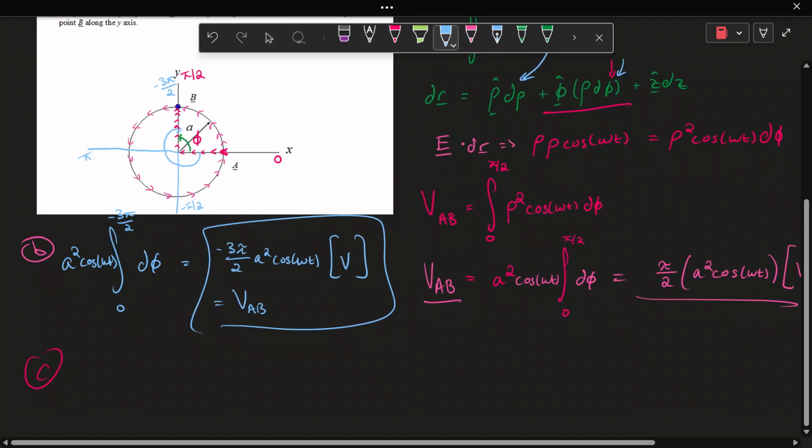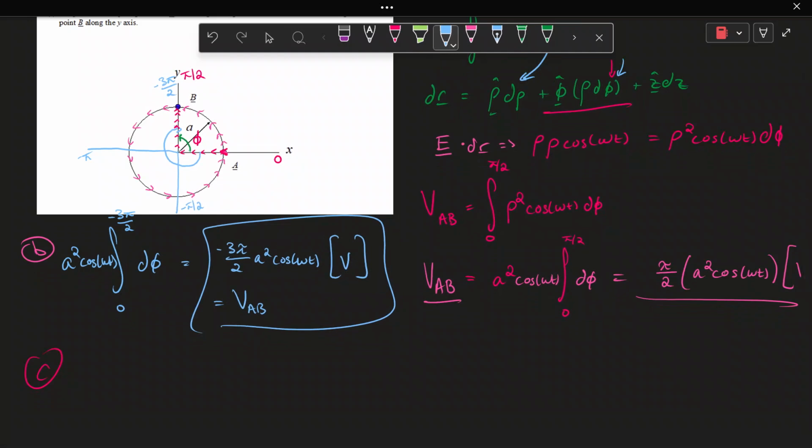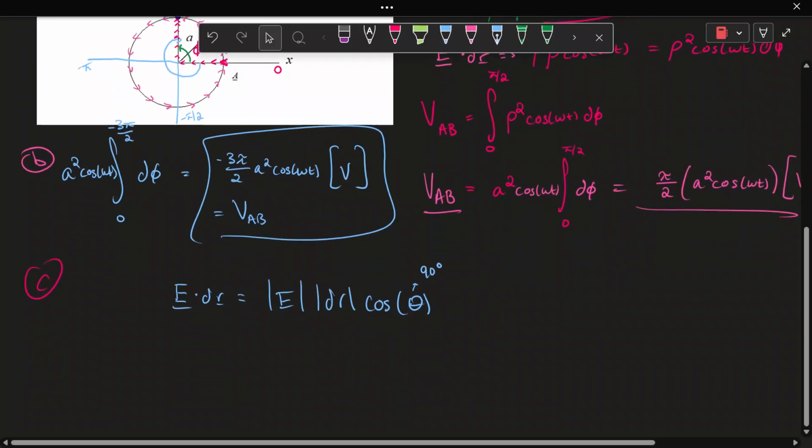Well, that means our dot product is 0, because E dot dr is the magnitude of E times the magnitude of dr times the cosine of the angle between them. And if the angle between them is 90 degrees, cosine of 90 is 0.